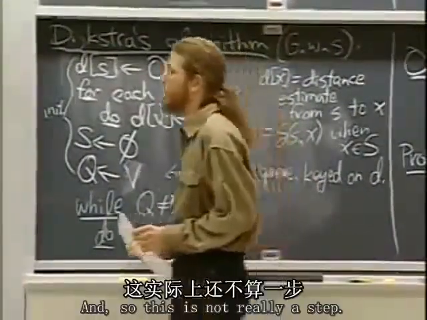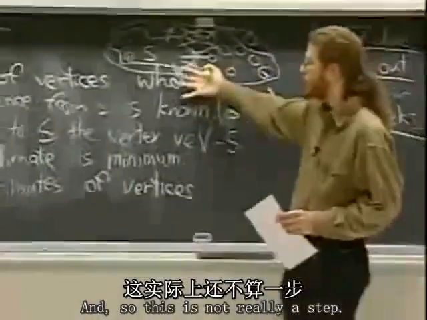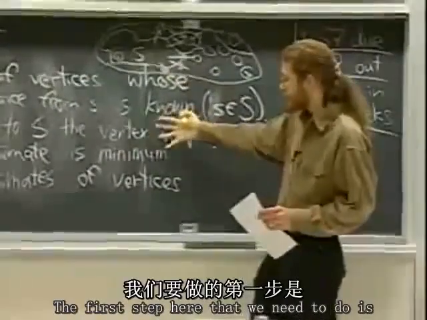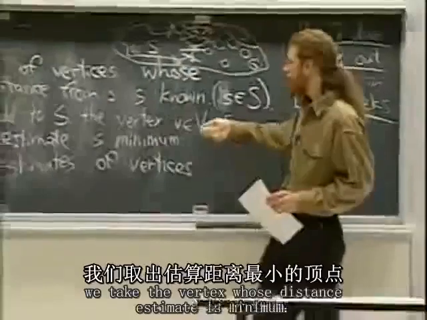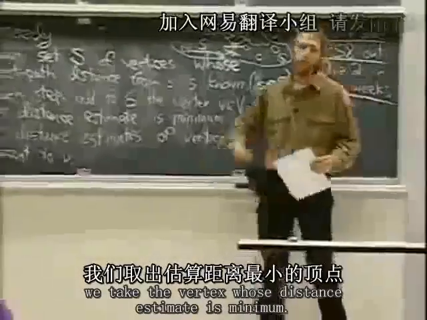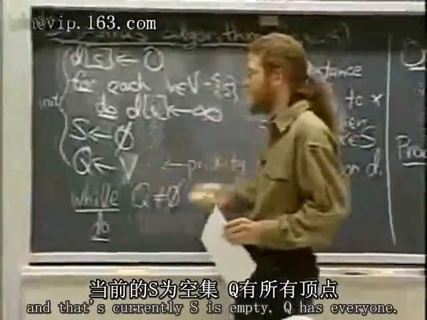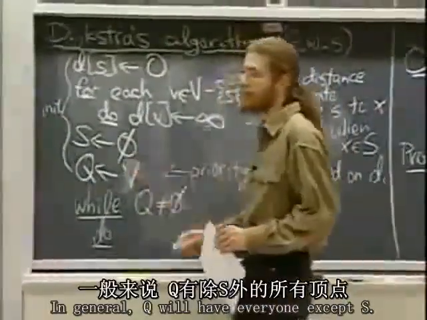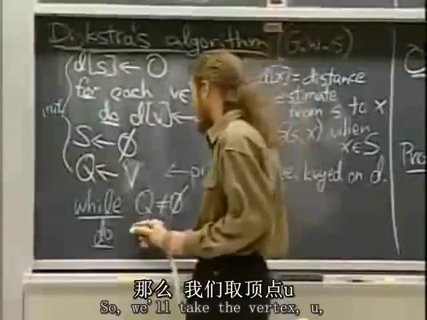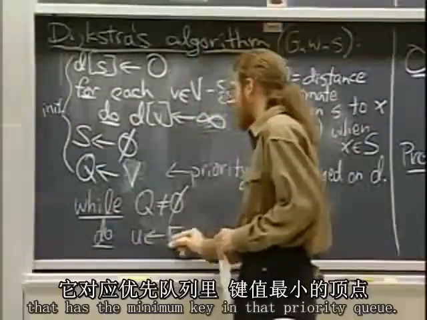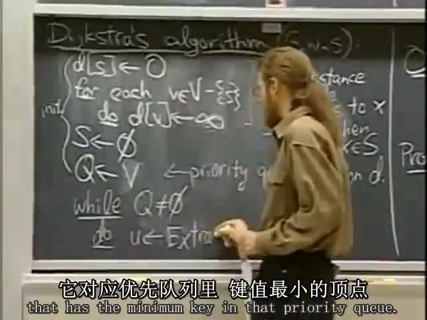The first step here that we need to do is we take the vertex whose distance estimate is minimum, so that among all the vertices not yet in S. Currently S is empty, Q has everyone. In general, Q will have everyone except S. So we'll take the vertex u that has the minimum key in that priority queue.